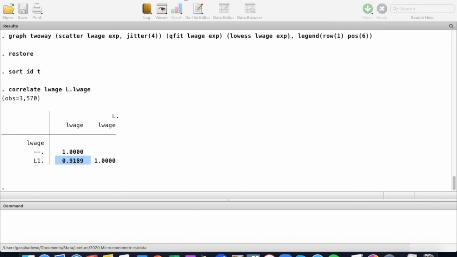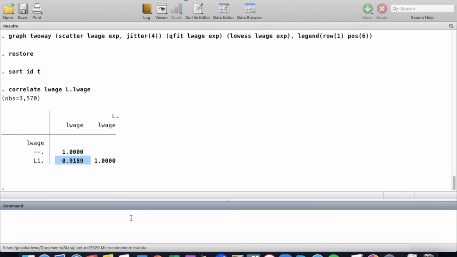Okay, so this is the correlation between the wage. Now, what we want to know is whether or not the residuals are also correlated across time. So I'm just going to do a quick regression: log of wage regressed on experience and the square of experience.